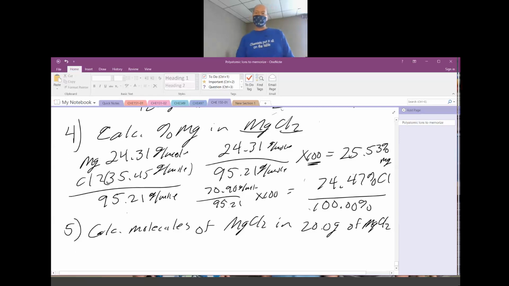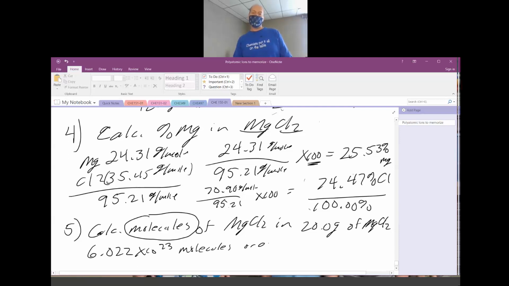When you see the word molecule, that should remind you to use Avogadro's number, 6.022 times 10 to the 23rd. This is molecules, or atoms in this chapter, but it's molecules because that's what we're doing in this problem, per mole.